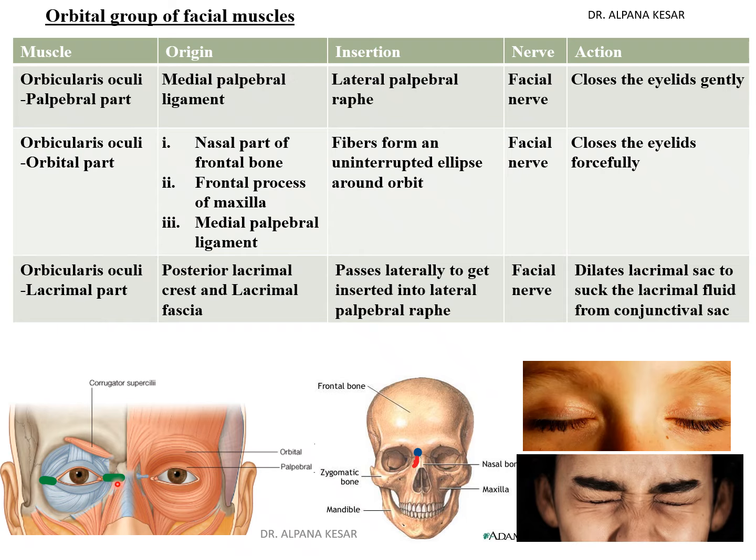The palpebral part takes origin from the medial palpebral ligament and gets inserted into the lateral palpebral raphe. The orbital part takes origin from the nasal part of the frontal bone, from the frontal process of maxilla, and from the medial palpebral ligament. The fibers run uninterrupted, forming an ellipse around the orbit.